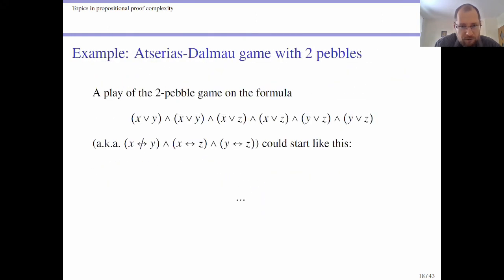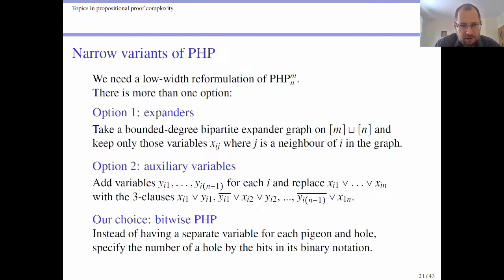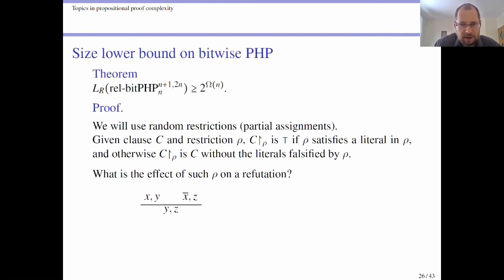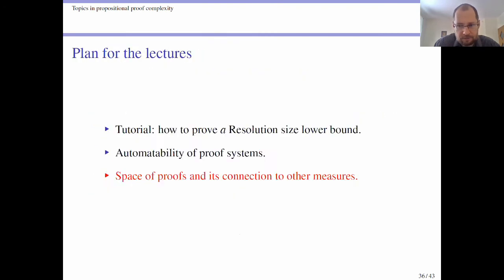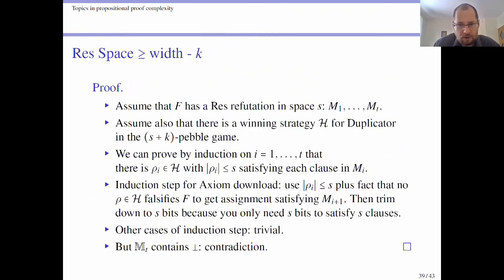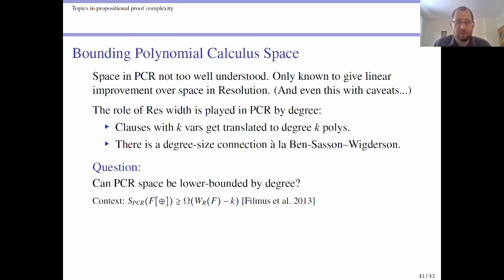One further comment they wanted to make on this was that there is also a slight connection known between space in polynomial calculus and width in resolution, although it required changing the formula.